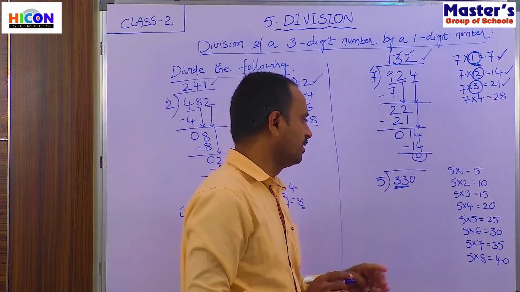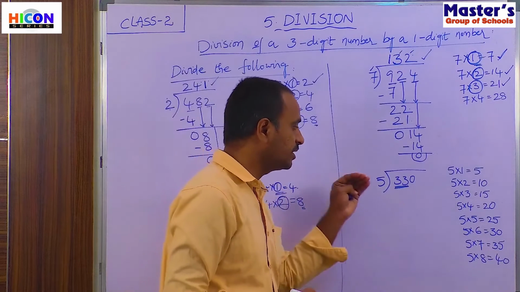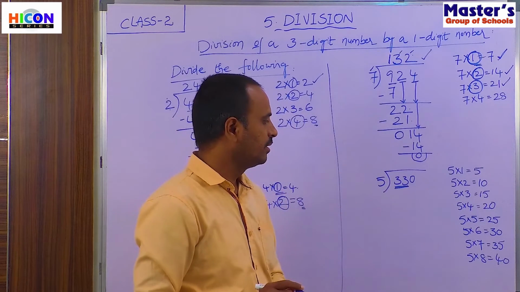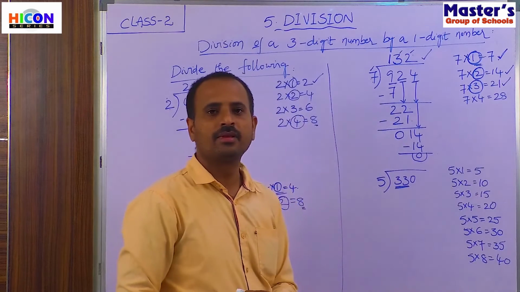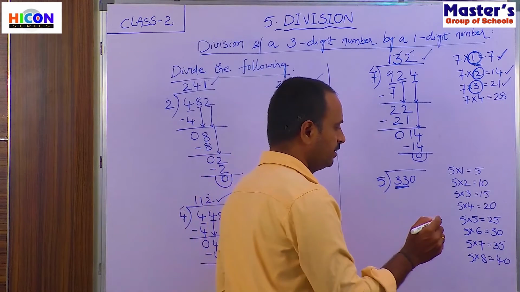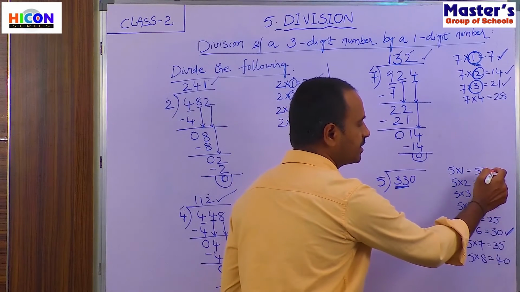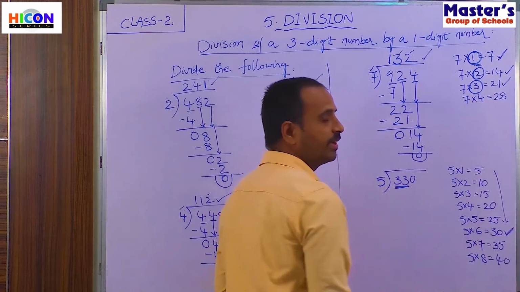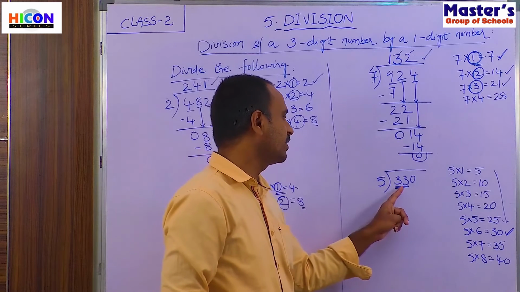If the number is not in the table, then take the number which is just less than 33. What is the number less than 33 in the 5th table? The number just less than 33 is 30. All these numbers are less than 33, but we have to take the number which is just less than 33.